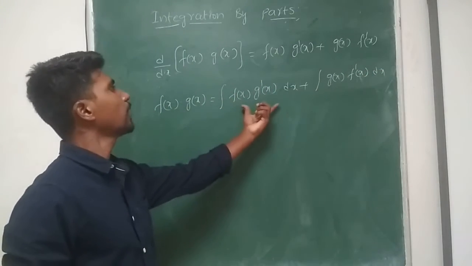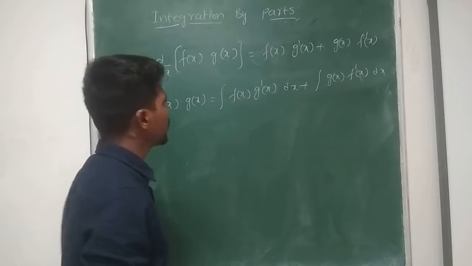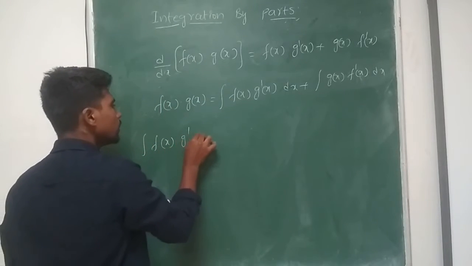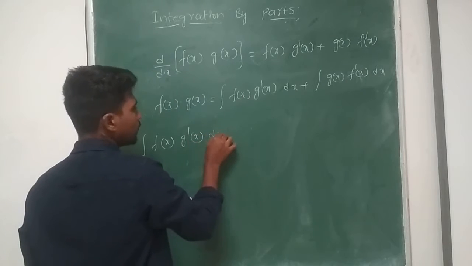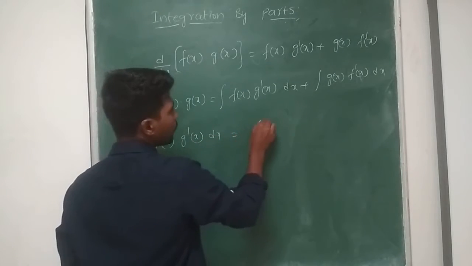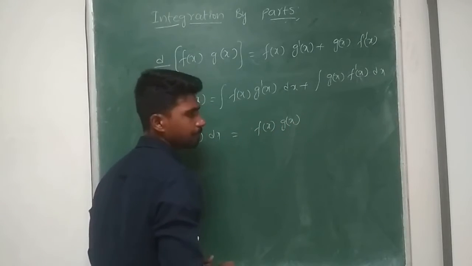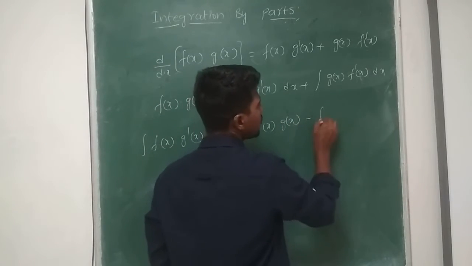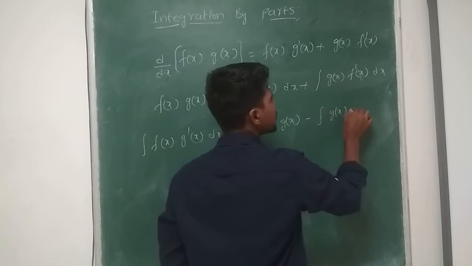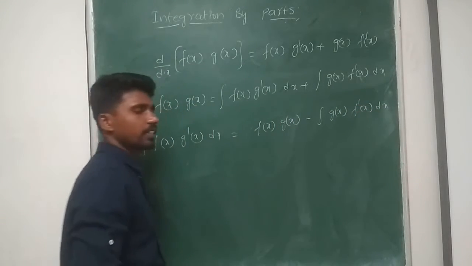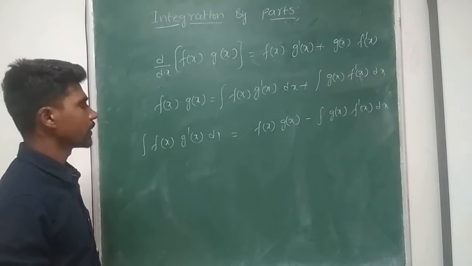Now if I take this one as my subject, I get integral f of x into g dash of x dx, which is equal to f of x into g of x minus integral g of x into f dash of x dx.